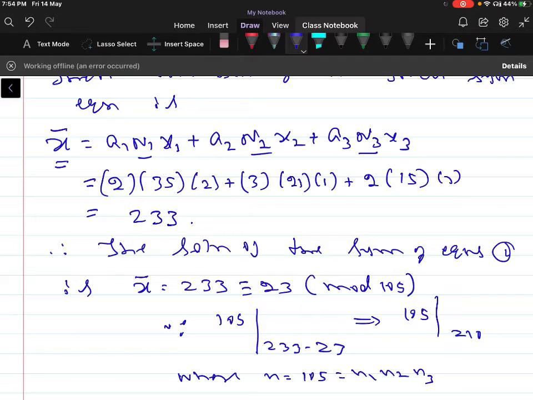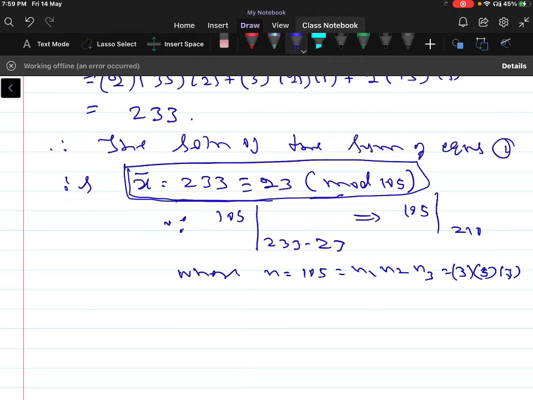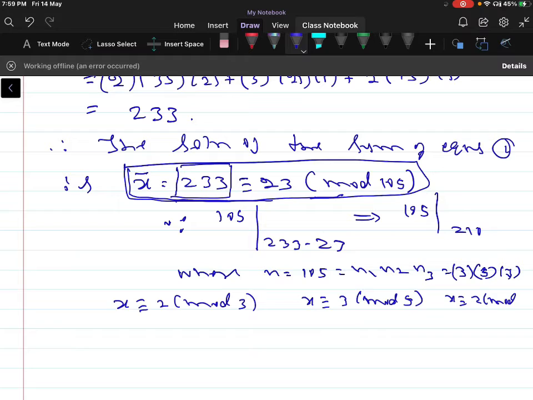Small n1 is 3, n2 is 5 and n3 is 7. So x bar equal to 233 is a unique solution of the system of equations x is congruent to 2 modulo 3, x is congruent to 3 modulo 5, and x is congruent to 2 modulo 7.